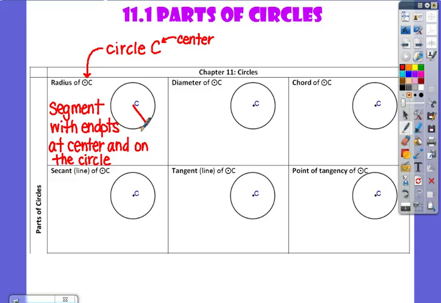And the second one is diameter. You probably know what that one is too. Diameter goes all the way across, joining one point to another point and passing through the center.